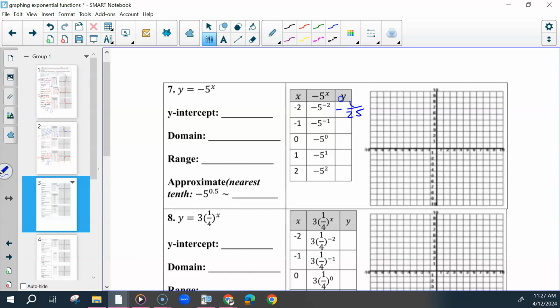Negative 5 to the negative 1 is negative 1/5, and then negative 1. Keep going. Negative 5. Now if that was in parentheses, the negative was with it, then that'd be positive, but in this case it's not. So then graph those.